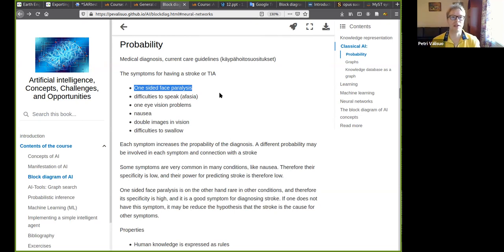So only think of one disease at a time, and then think about what these paralysis are, and then separately discuss whether this one-sided face paralysis is also related to many other diseases, and they said, no, not so much.